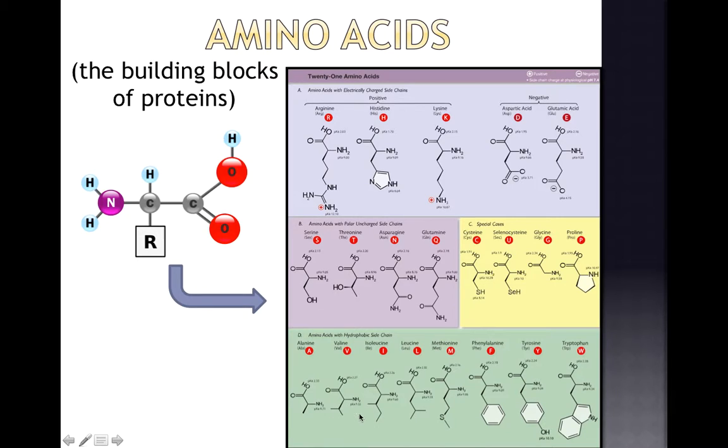You can see they don't have much oxygen in the side chain. These are the ones that have an electrical charge, the basic amino acids, and many times they are referred to by their name, the three-letter abbreviation, or just a one-letter code that is given to each of the amino acids.